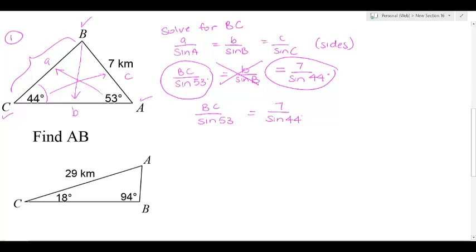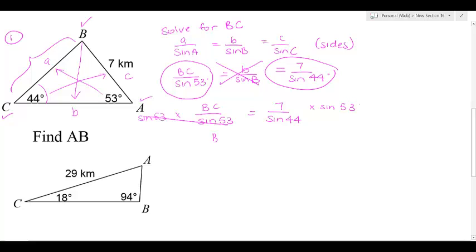Now we're going to solve for BC. To solve for BC, I need to get rid of this denominator. Getting rid of denominators in maths requires us to multiply both sides by the denominator, so I'm multiplying both sides by sine 53. That cancels out, and we times 7 over sine 44 by sine 53.